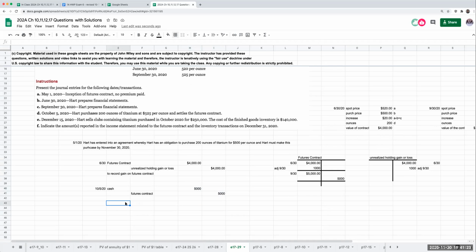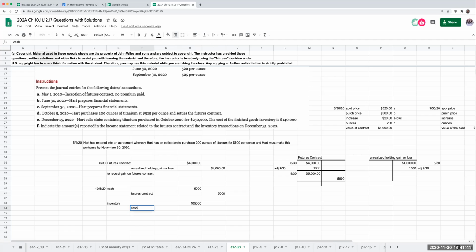The next thing I'm going to do is record the purchase of the titanium. So over here, I've got inventory. This is going to be 200 ounces times 525, or $105,000.